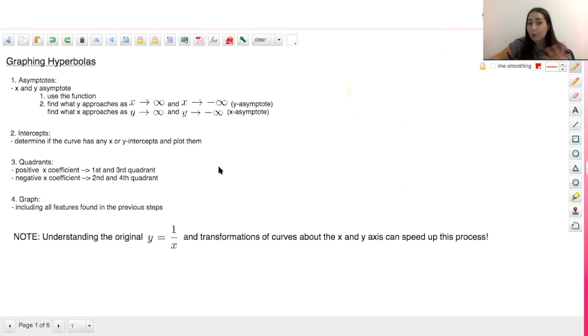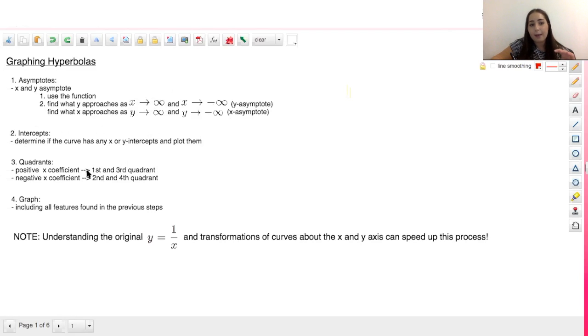Or on the other hand, you can find what y approaches as x approaches infinity and negative infinity, so in both directions. So this is your y asymptote. And for the x asymptote, you can look for what x approaches as y approaches infinity and negative infinity. So those are the asymptotes. So once you know your asymptotes, you can really set up your graph into quadrants.